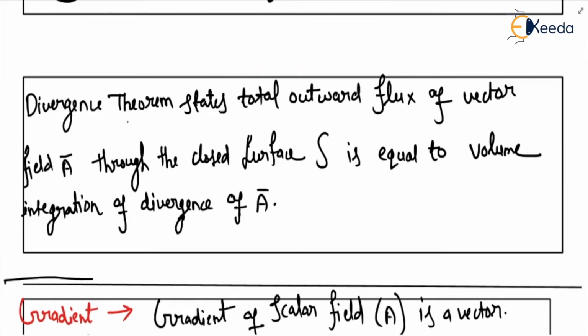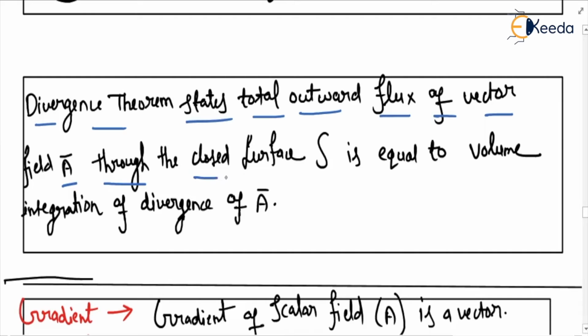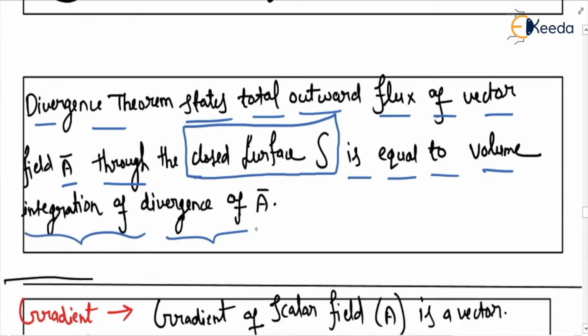The divergence theorem states that total outward flux of vector field A through the closed surface, which is the surface that contains a particular volume, is equal to the volume integration of divergence of A.